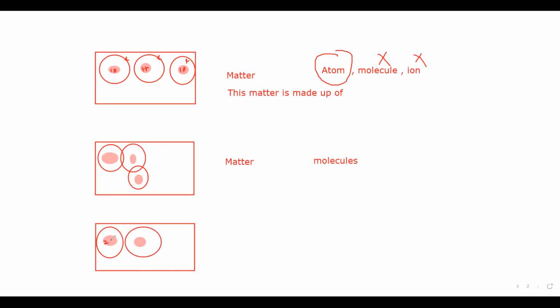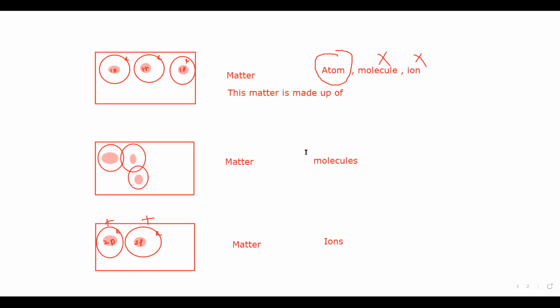And if it has a different number of particles, for example, two protons, one electron, two protons, one electron, what will be the charge here? Because it contains more protons and fewer electrons, the charge will be positive. So if the matter consists of atoms with different numbers of protons and electrons, we say the matter consists of ions.